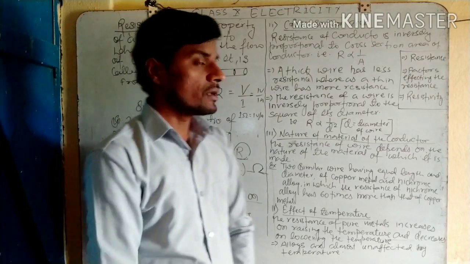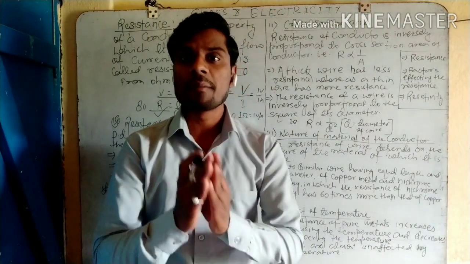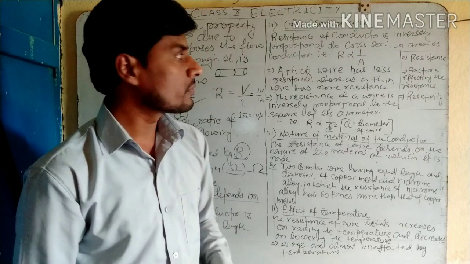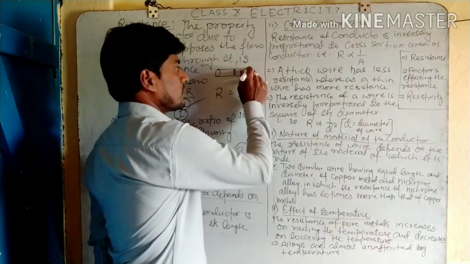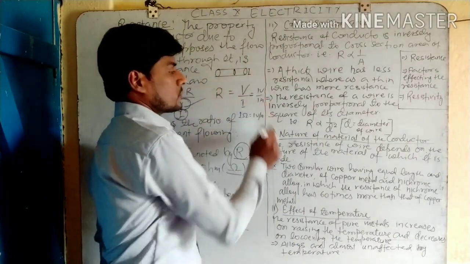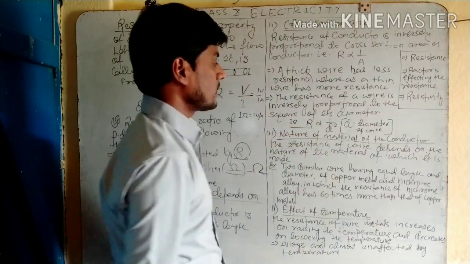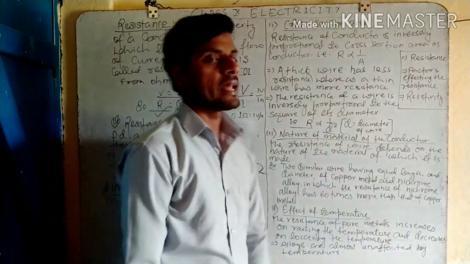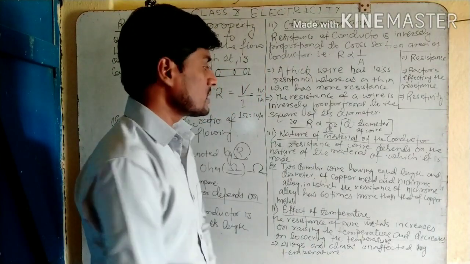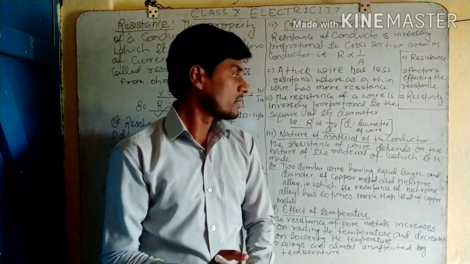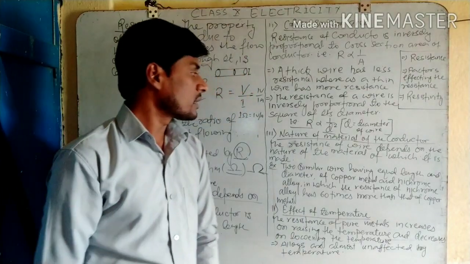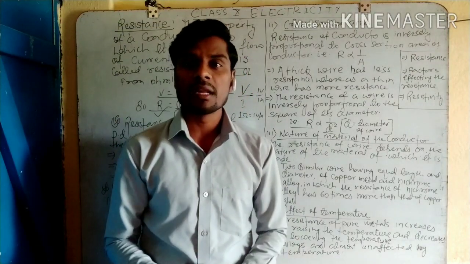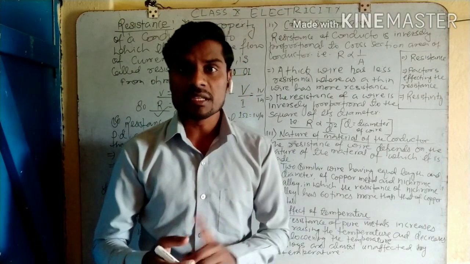Resistance of a wire is also inversely proportional to the diameter of the conductor. This is the diameter. So you can easily show that R is inversely proportional to 1 by d square, where d is the diameter. Next is the nature of the material of the conductor. The resistance of a wire depends on the nature of the material from which it is made.